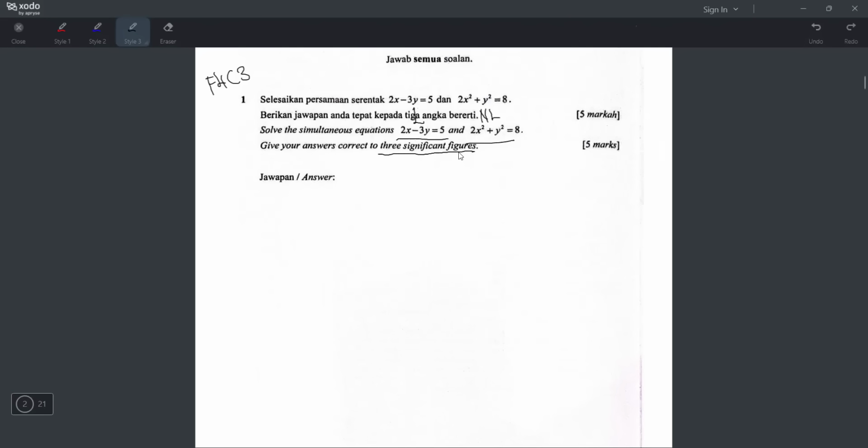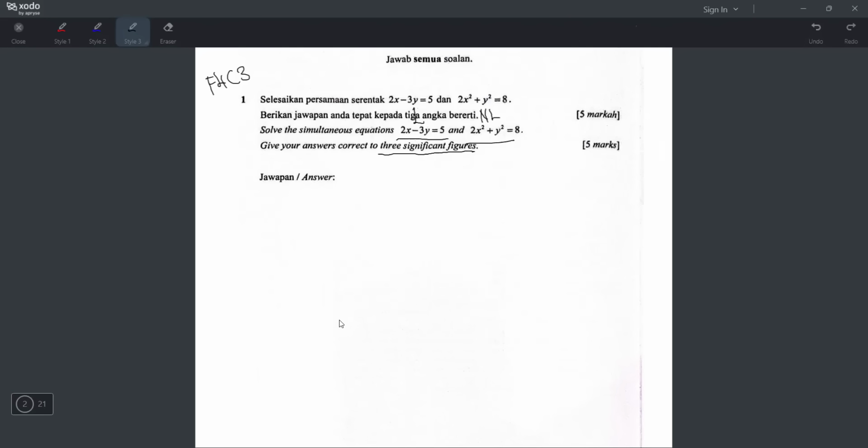But if they say correct to three significant figures, it means they're trying to tell you the answer for the quadratic equation will be a jawapan yang tak cantik. It will not be a good looking answer. That means it will be an answer yang tak boleh tukar fraction. So later, when you end up with the general form, you will use quadratic formula to solve it. The quadratic equation cannot be solved using factorization, right?